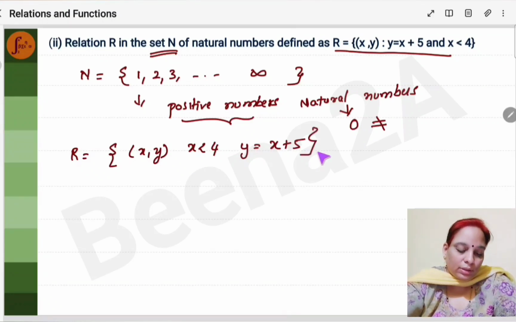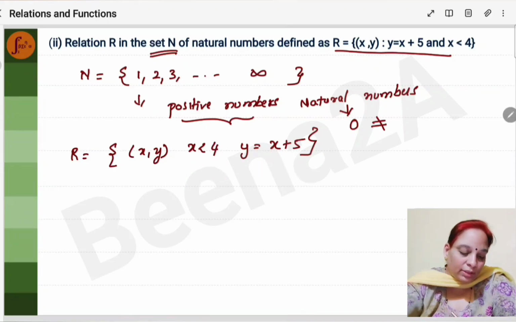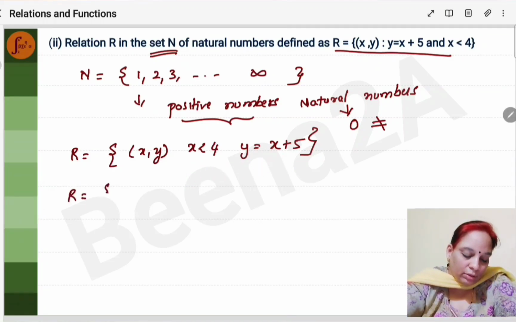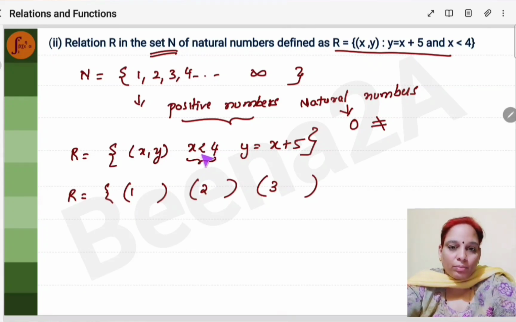Let's first form the relation with some ordered pairs. x is less than 4, so I can take 1, 2, 3. It cannot be equal to 4 or greater than 4. It should always be less than 4. So now you have 3 ordered pairs basically.